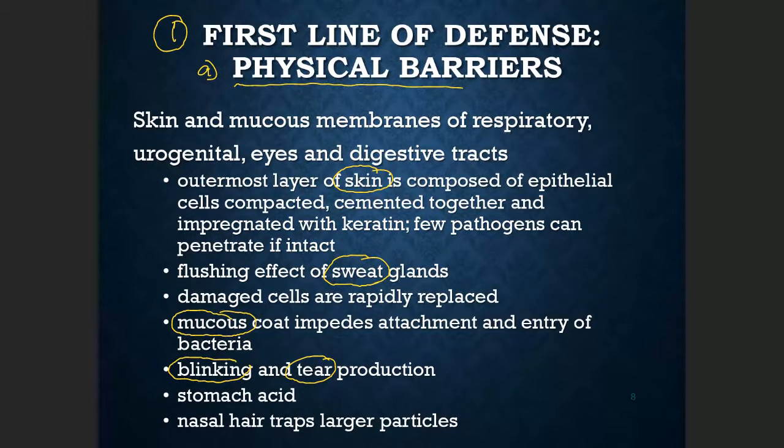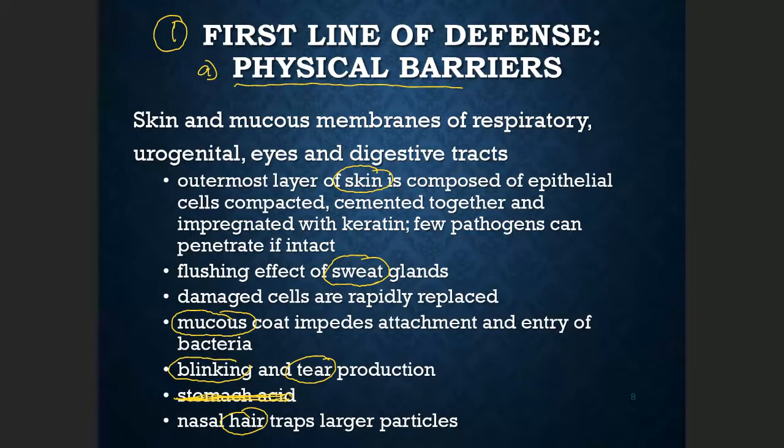I think this is not physical. Stomach acid is not physical because acid is chemical. So we will put that on the next one. The hair, for example hair in our nose, is also a filtering mechanism, which is a physical barrier.